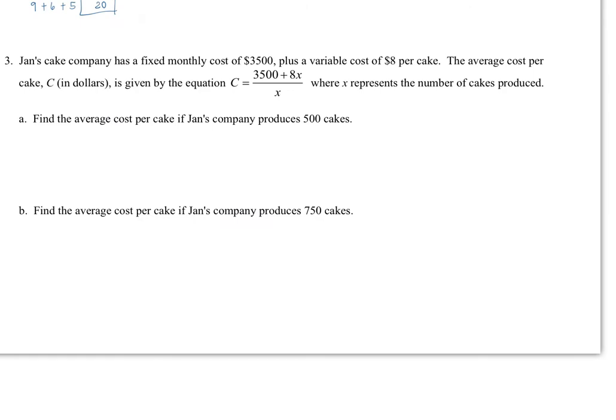On example 3, we have a word problem. It has multiple parts. Let's read through this. Jan's Cake Company has a fixed monthly cost of $3,500 plus a variable cost of $8 per cake. The average cost per cake, C, in dollars, is given by this function, where x represents the number of cakes produced.